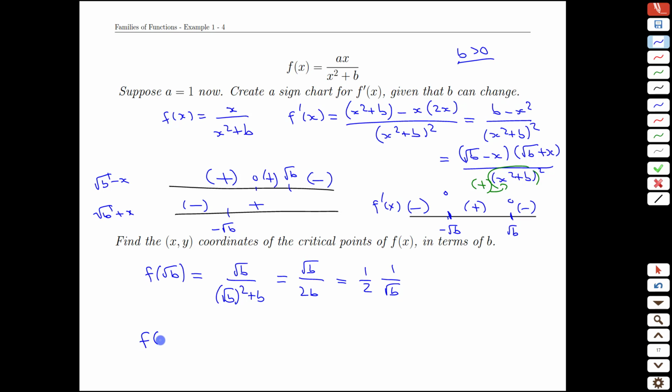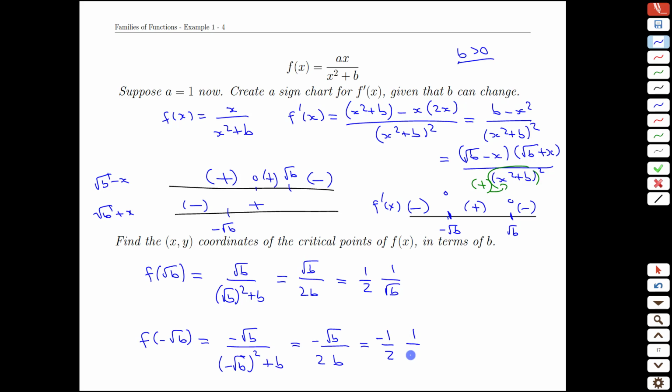Doesn't matter to us. The other critical point is going to be with negative root b all over negative root b, that's our x value, squared, plus b, that's in the formula. And we're going to get the same thing essentially, because when we square the negative value, it becomes positive. The only difference is in the numerator, we do not get rid of the negative sign.